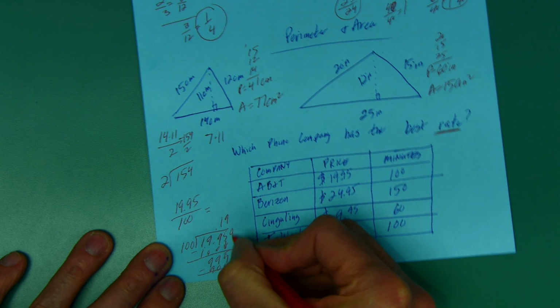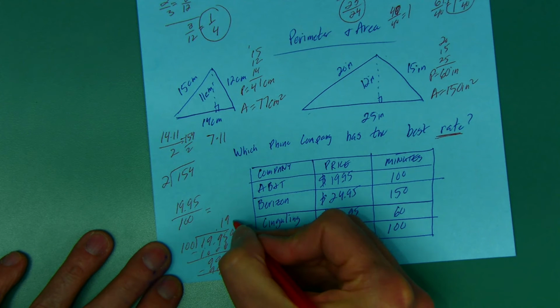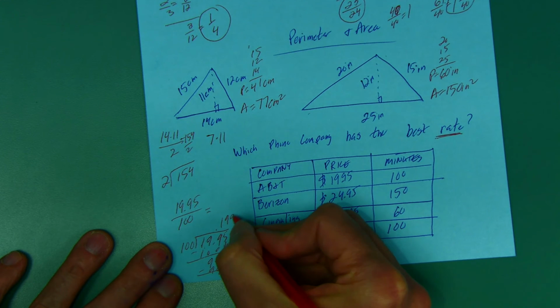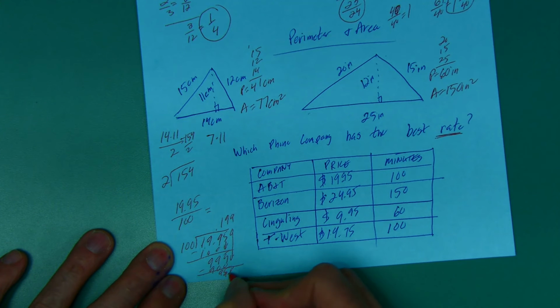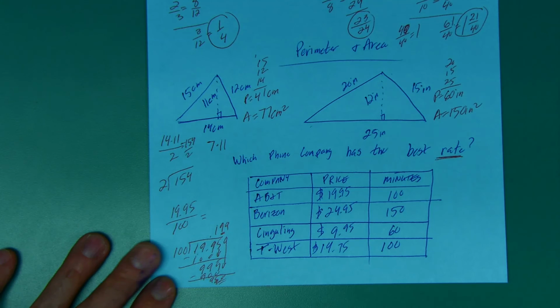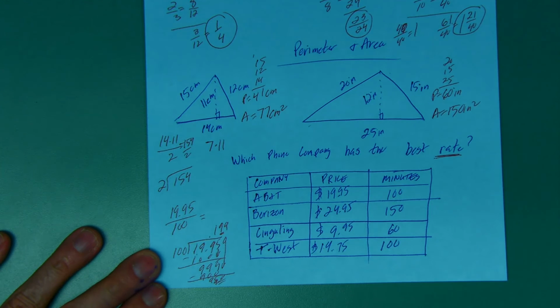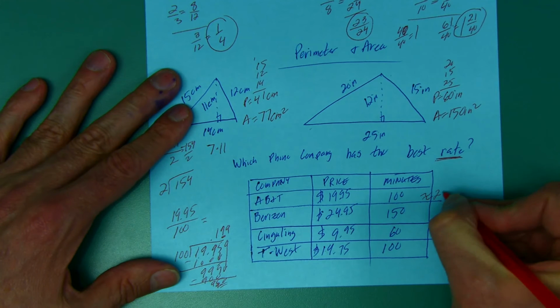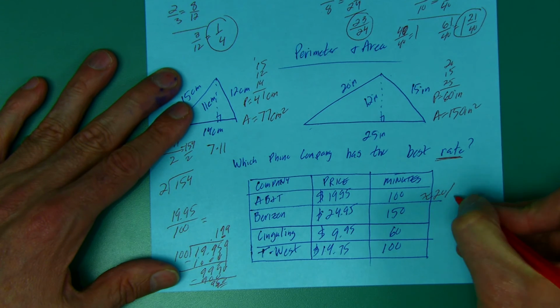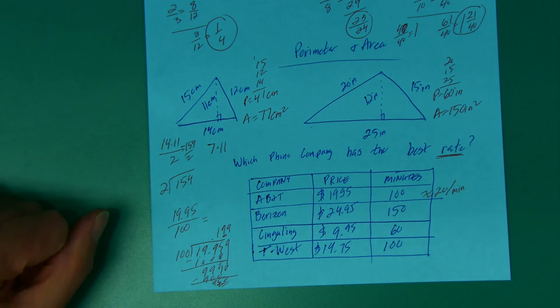What do? I can add a 0, bring it down. It fits into 950 9 times. Okay, and I'm already, since this is a penny right there, ready to stop dividing, and I'm going to round this to about 20 cents per minute. Okay, 20 cents per minute. That's a rate.